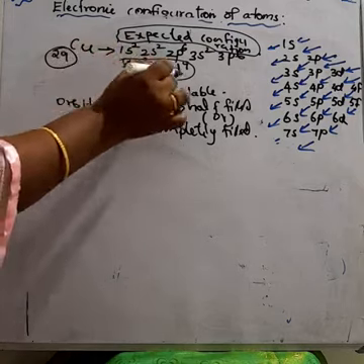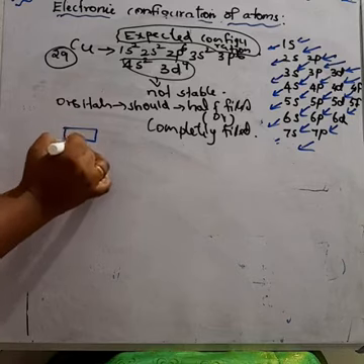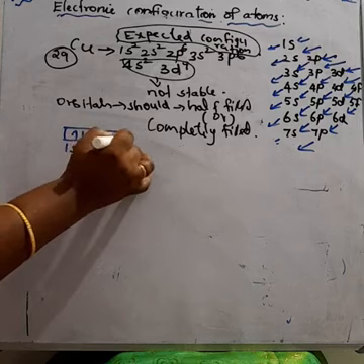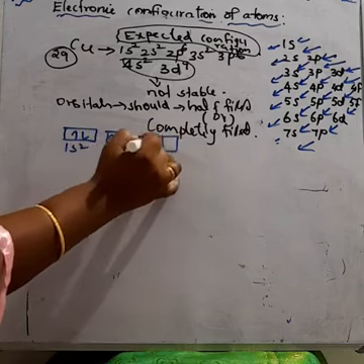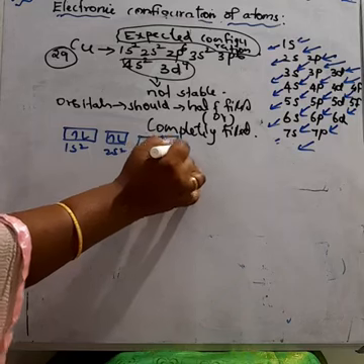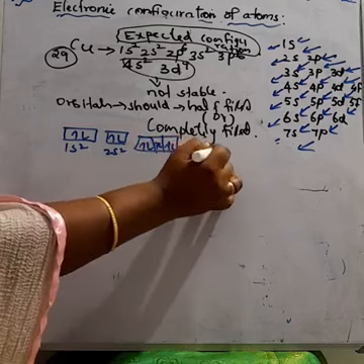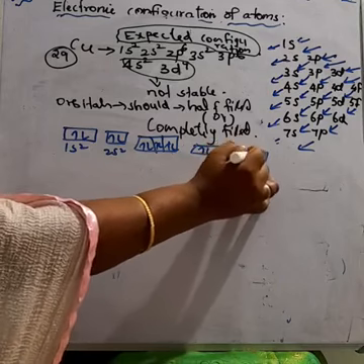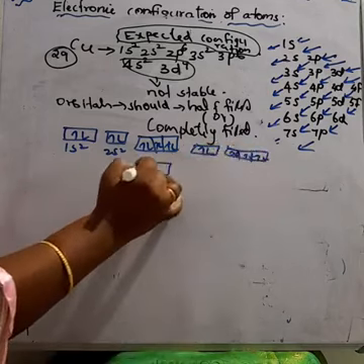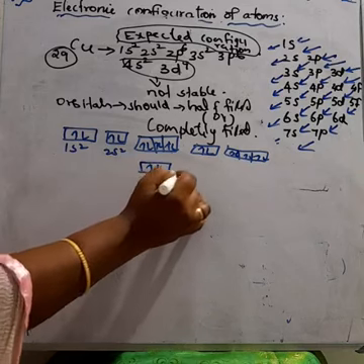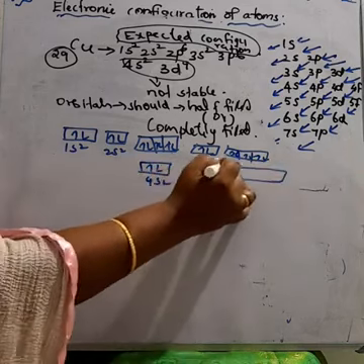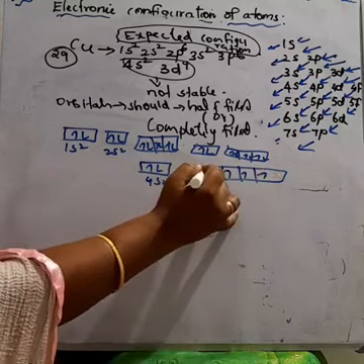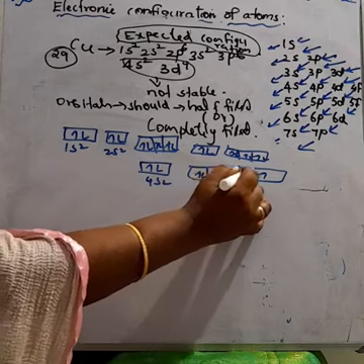When we write the orbital diagram: 1s2, 2s2, 2p6, 3s2, 3p6, 4s2, and 3d9. In the d subshell, there are 9 electrons in total: 1, 2, 3, 4, 5, 6, 7, 8, 9.